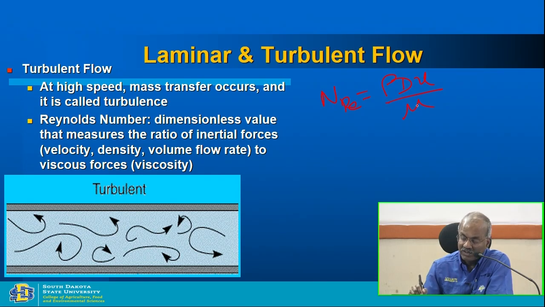So if you put the units, everything cancels. That's why it is a number. This is density, velocity, viscosity, and this is diameter.